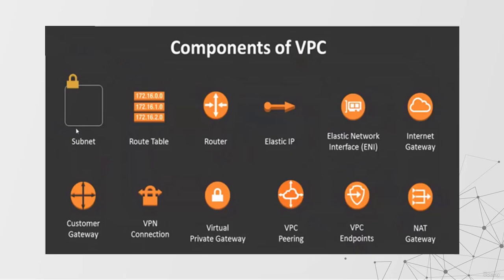We also have route tables, and these contain a set of rules or routes that are used to determine where network traffic from a subnet or gateway is directed. Now, internet gateways allow communication between instances in your VPC and the internet.